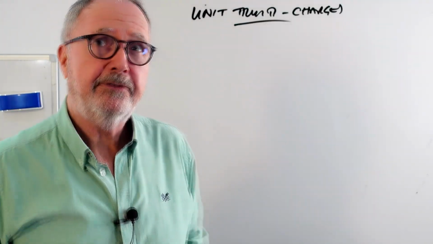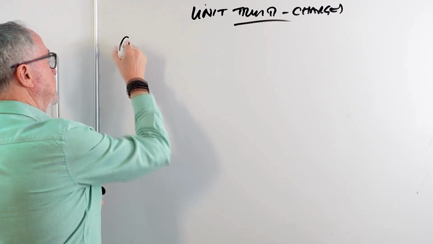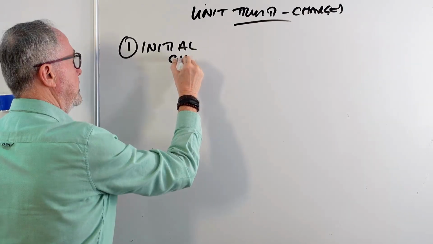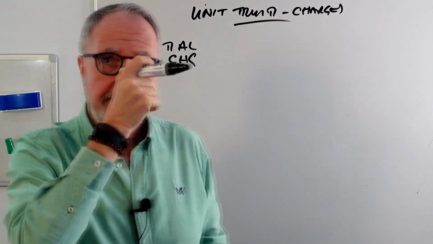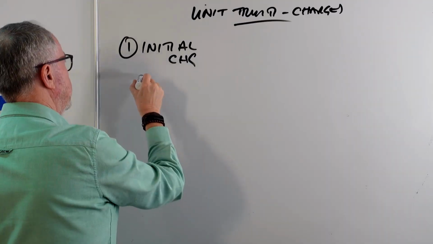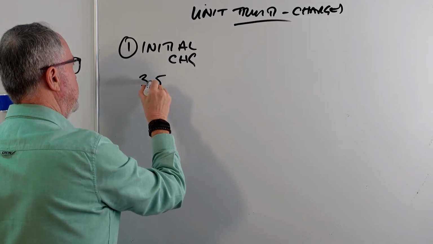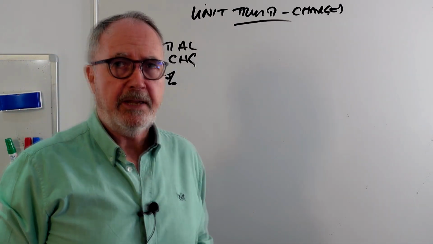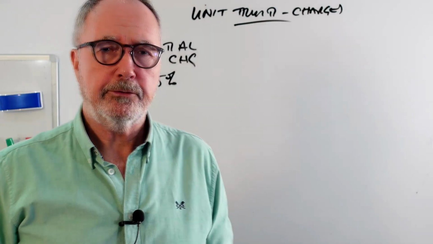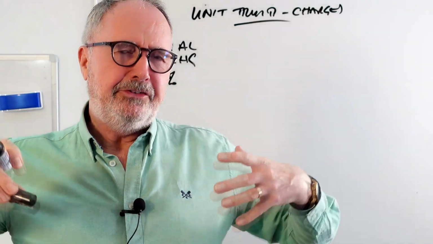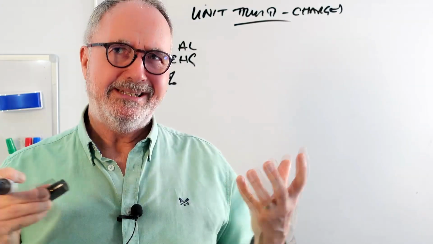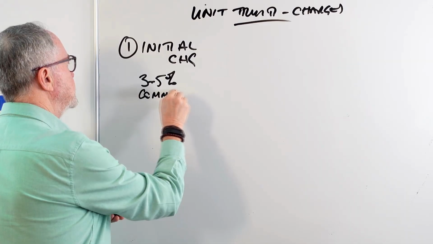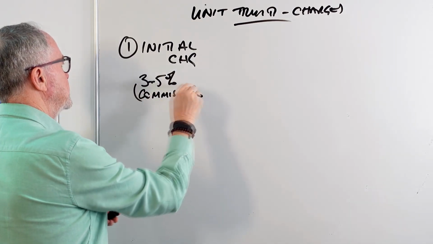Four types of charges for you. The first one is the initial charge, which we've spoken about. The initial charge is typically 3 to 5%, but it does vary enormously, especially on some of the DIY platforms now, when they're unit trusts or OICs. It used to be the old commission was baked in, so you don't get these massive charges anymore.